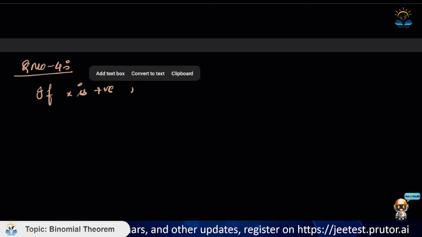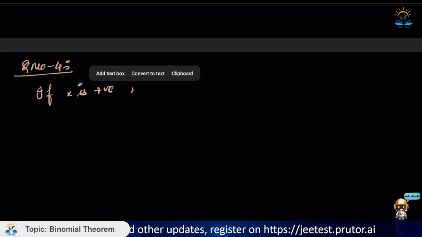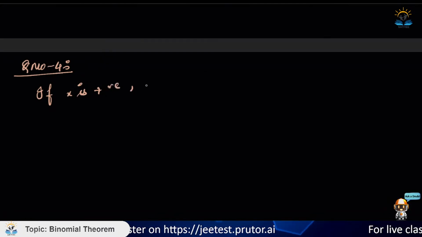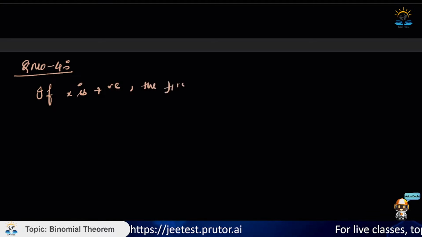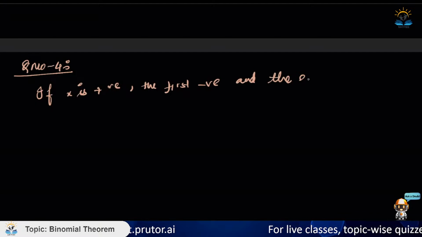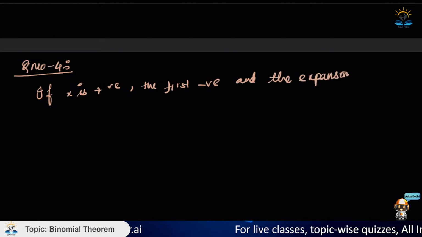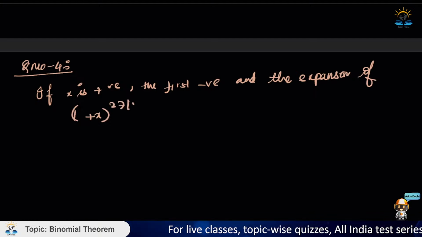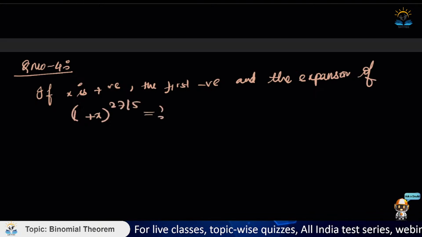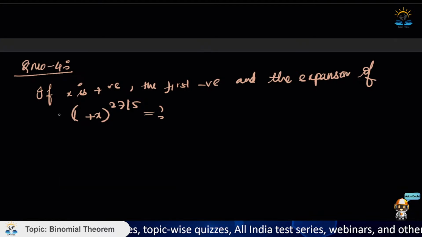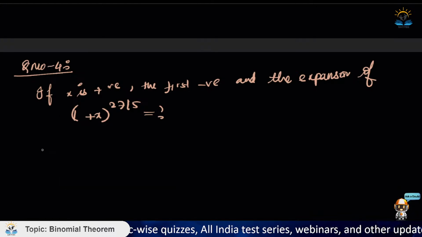So now, if x is a positive number and also the first negative number, and the expansion is the expansion of x, 1 plus x to the power of 27 by 5. Okay, so let us see how it is. Then we will have to know about all these things.